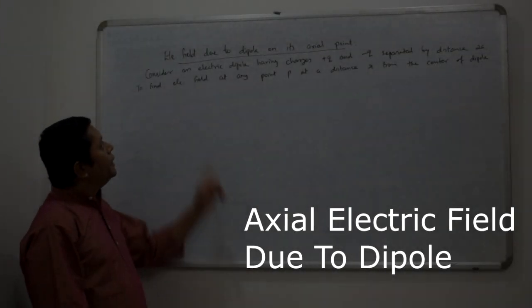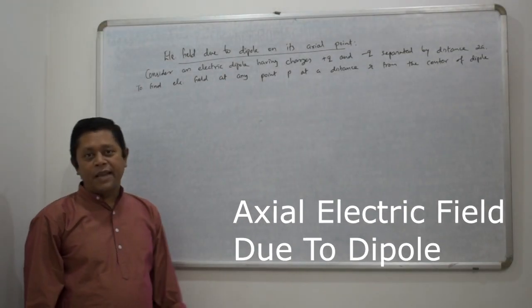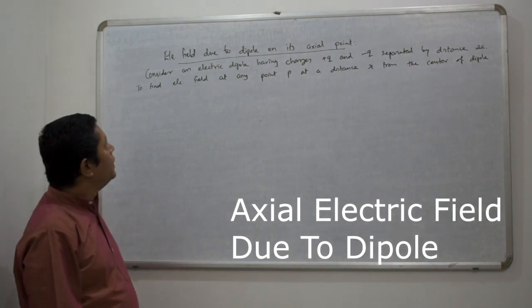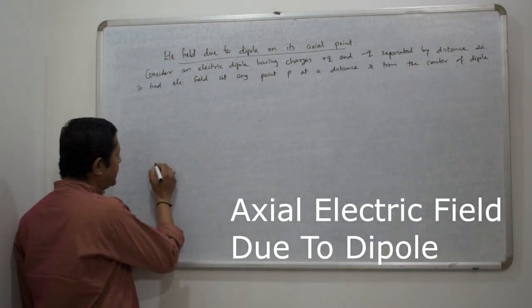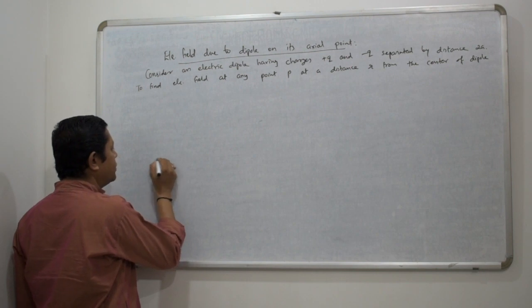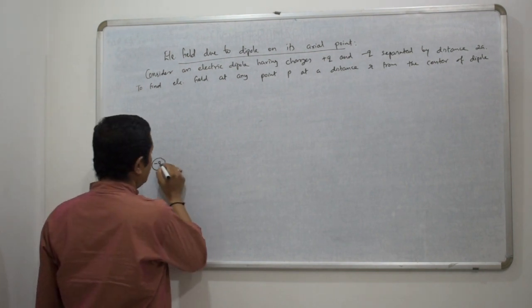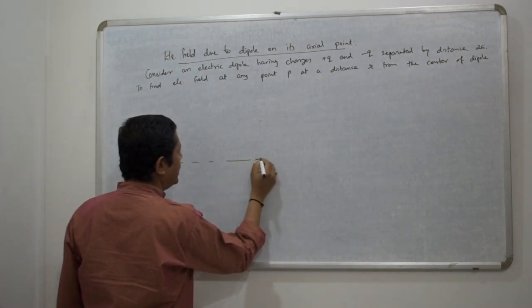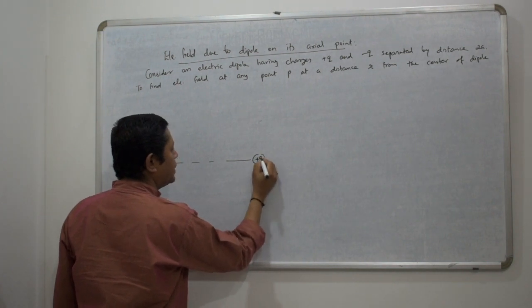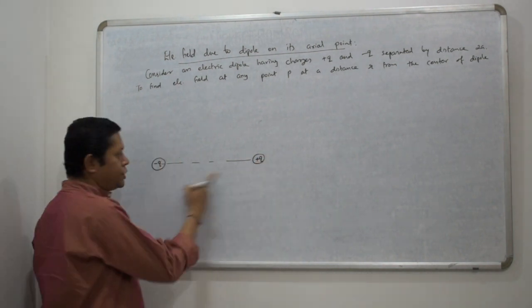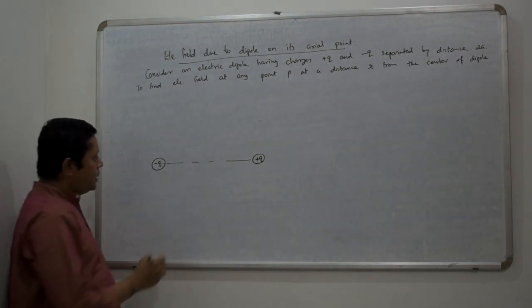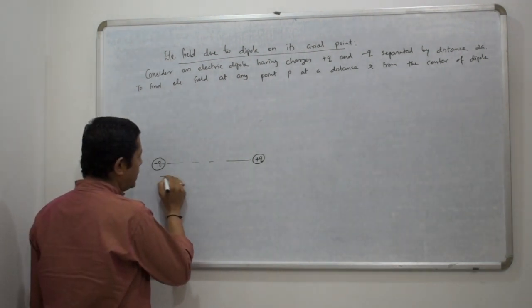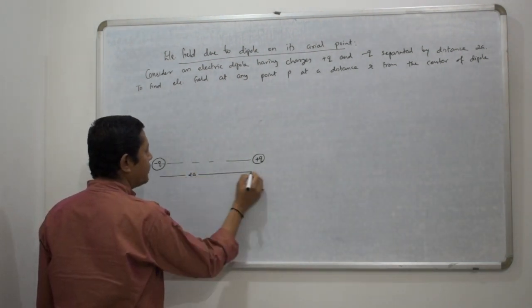Okay. Now, electric field due to a dipole at its axial point. An electric dipole is a system of two equal and opposite charges separated by a certain distance. Let's say charges minus Q and plus Q are separated by distance 2A.